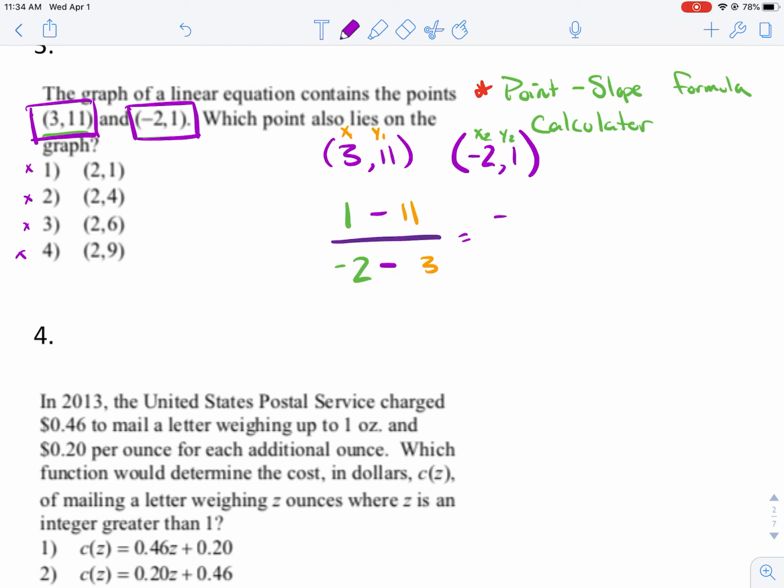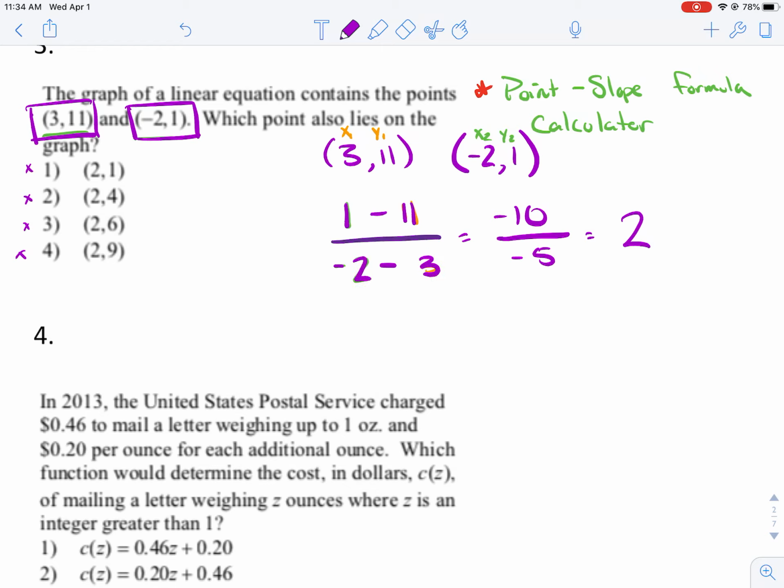So, what happens when we solve that out here? We get 1 minus negative 11, which is negative 10, over negative 2 minus 3, which is negative 5. Negative 10 over negative 5 is a positive 2.